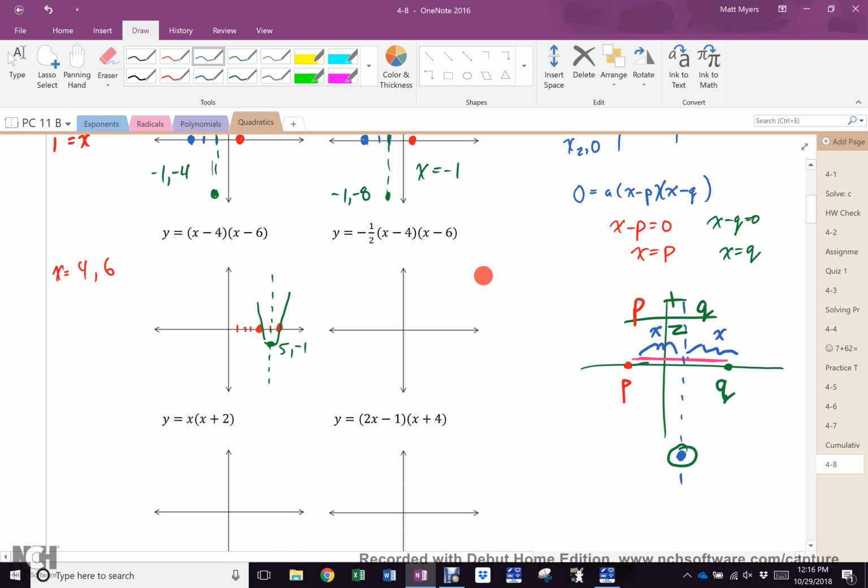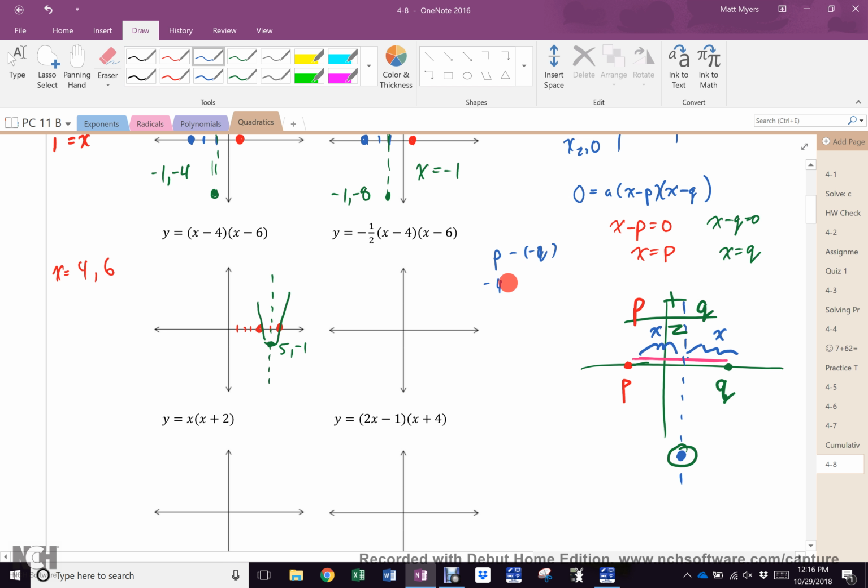What is it? P minus Q would be, is that right? Yeah. That's right. Because it's positive.